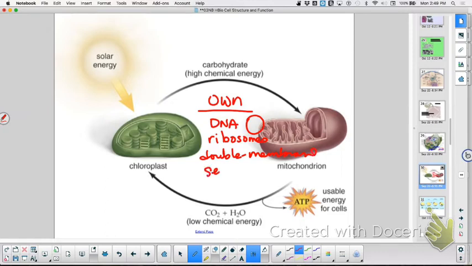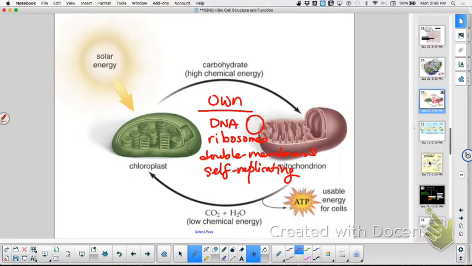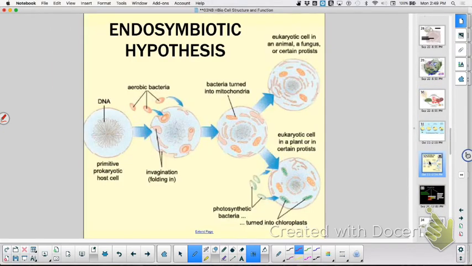And they're self-replicating. Do you remember when I talked to you about the endosymbiotic hypothesis, the evolution of eukaryotic cells, how one prokaryotic cell went to live in another prokaryotic cell and became its organelle? That's the endosymbiotic hypothesis.